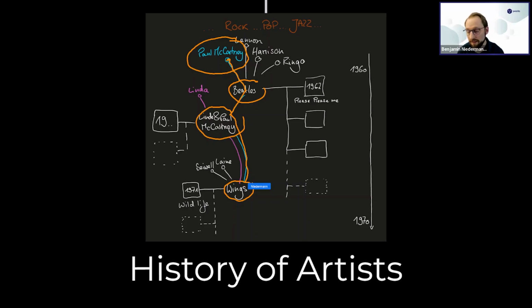And the same we can also do for other artists. And sometimes these paths join together, and then we know they are in the same band. And this is a visualization that we would like to create. And of course, we would like to also integrate further information, maybe genres that we would like to introduce, but also, of course, the timeline.